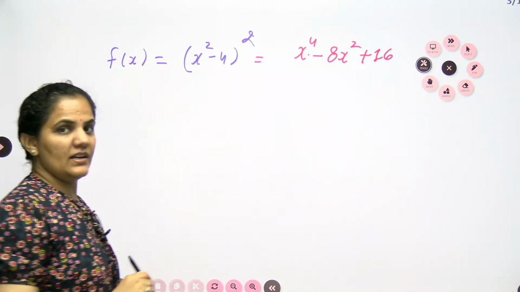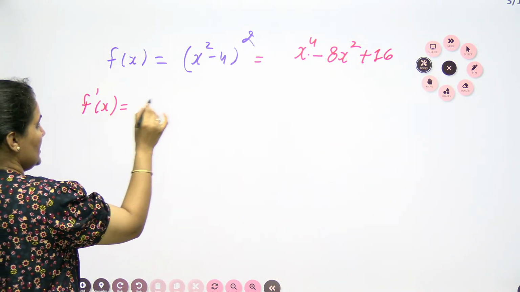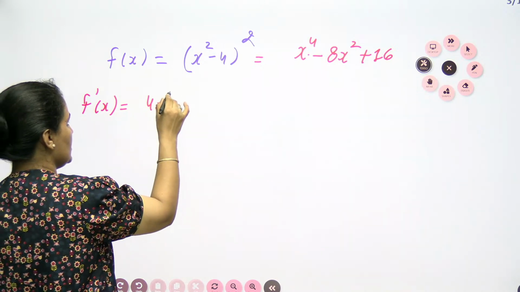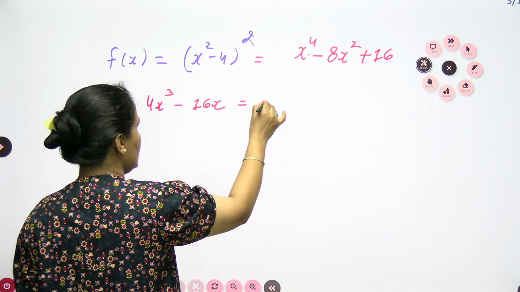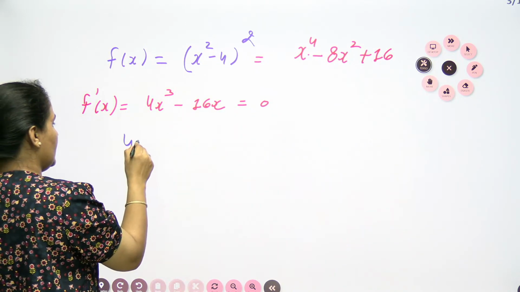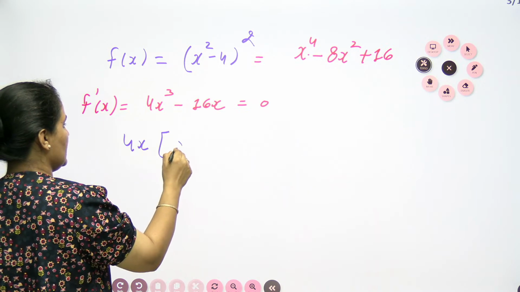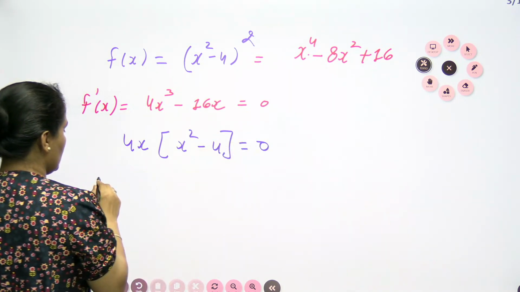For this function, I need to find the first order derivative. f dash x will be 4x cube minus 16x, and we need to put it equal to 0. I can take 4x common, so it will be x square minus 4 equals 0.